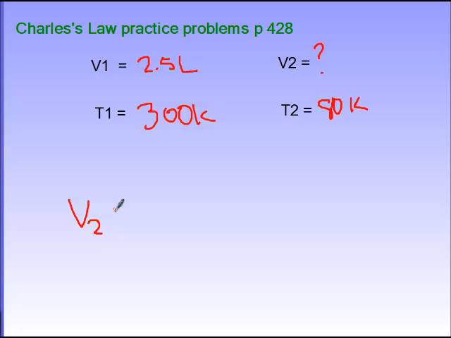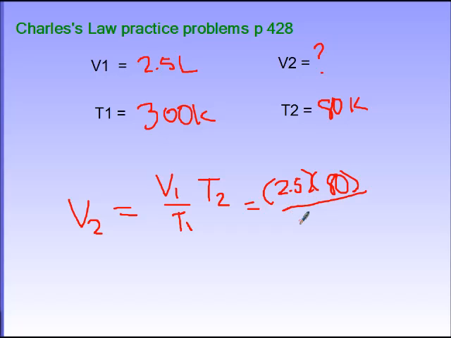So now I'm going to rearrange my equation. I still had V1 over T1, but now I'm going to multiply it by T2. I took my T1 from the bottom and I multiplied it to the top. So, put your numbers in, 2.5 liters times 80 Kelvin divided by 300 Kelvin.